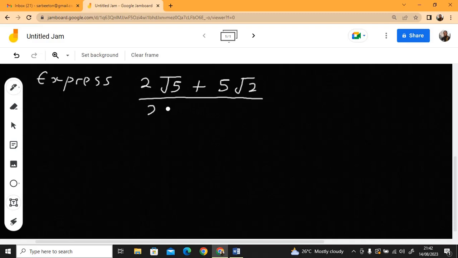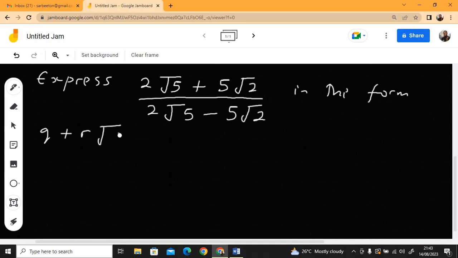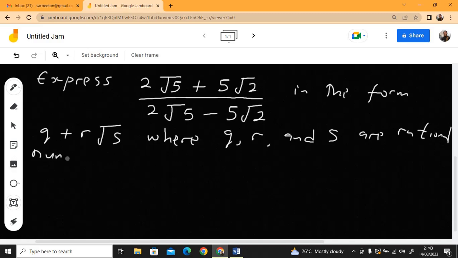Let's assume they said express 2 root 5 plus 5 root 2 all over 2 root 5 minus 5 root 2 in the form q plus r root s, where q, r and s are rational numbers. So how are you going to solve something like this?